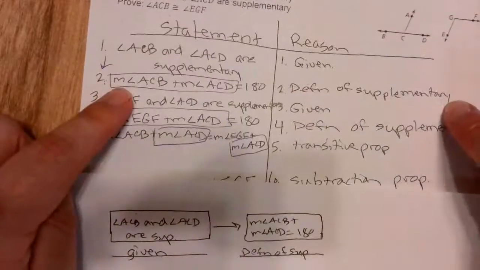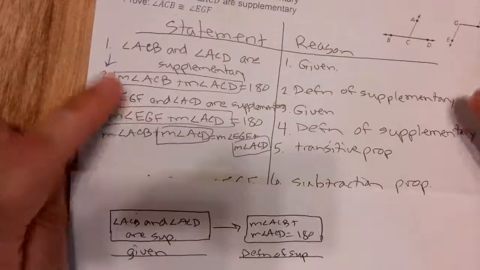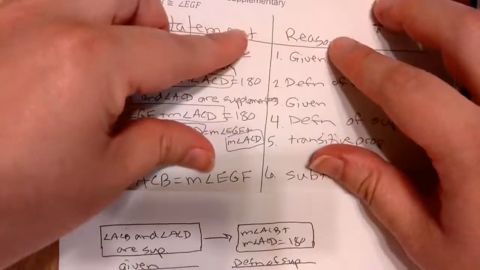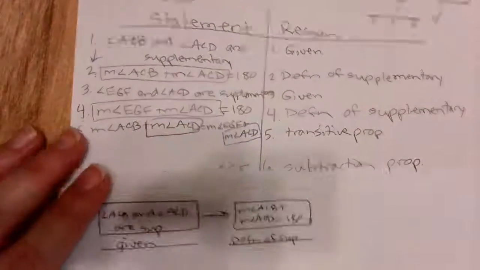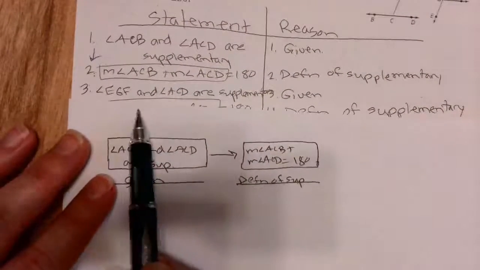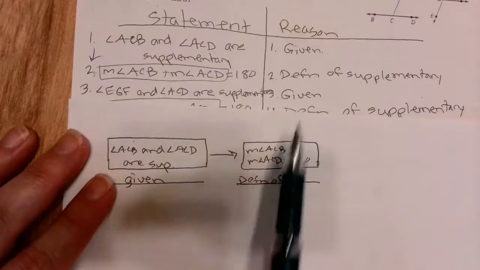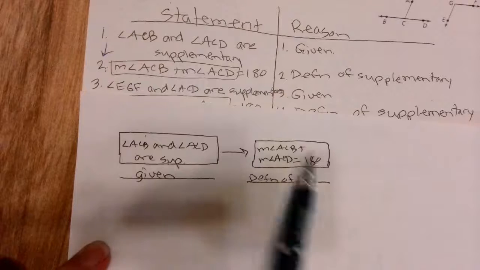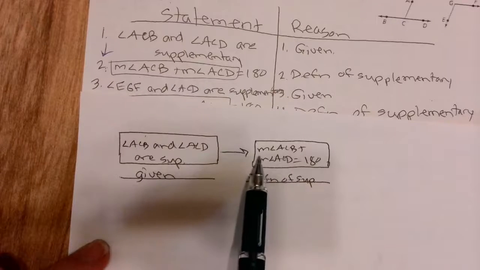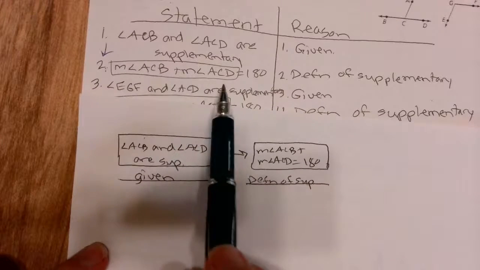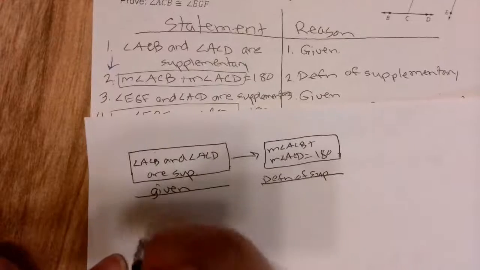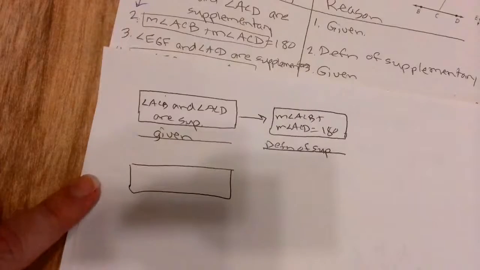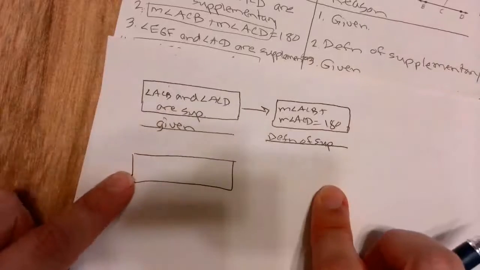You don't need me to explain it again. If you want to see it again, just rewind the video and watch it again. I'm just going, how do you get from a 2-column proof to a flow proof? Now line 3 was another given. This information up here, line 1 and line 2, were irrelevant to line 3. A different thought. Each given gets its own line in the proof, its own row.